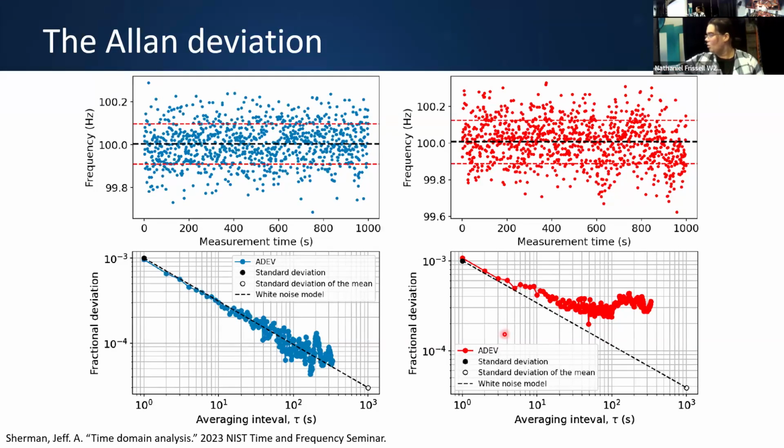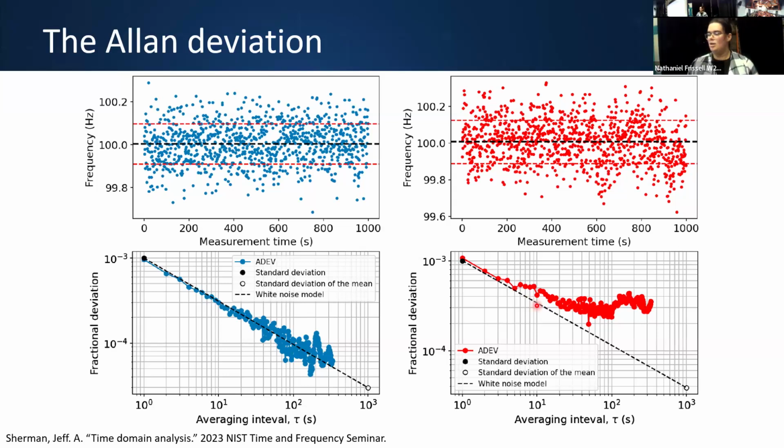We can look at the long-term behavior on the right side and say that it's this flicker behavior, and you can go find a chart that tells you what slope corresponds to what noise type. And you can actually use this to say, let's see, can I point with the pointer? Like right here, when this starts to transition, over what point do you want to average your data?